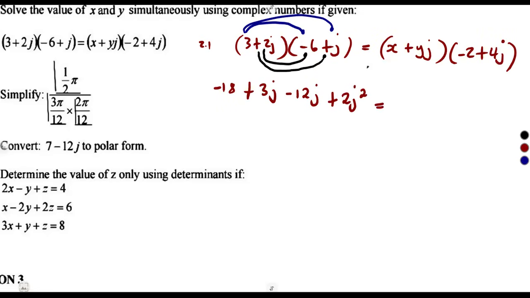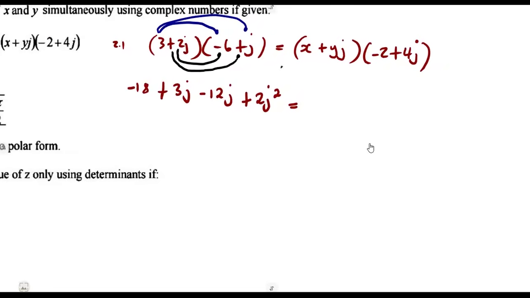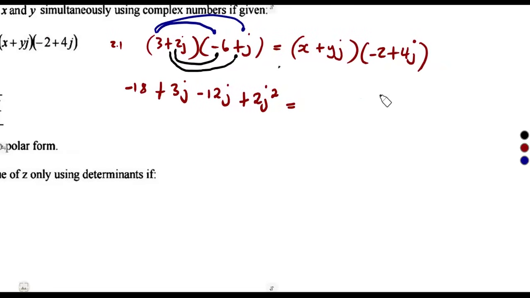Which is equal to, we do the same thing on the right-hand side, starting with the x. So that's x times minus 2, which is minus 2x. The x here and the 4j was going to be plus 4xj. All right, we're done with the x.